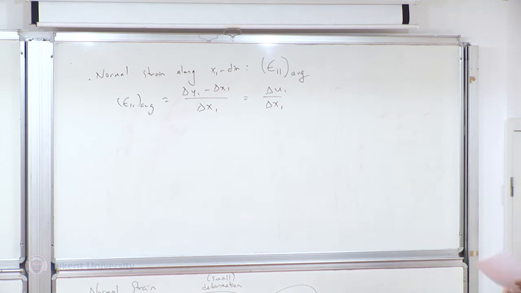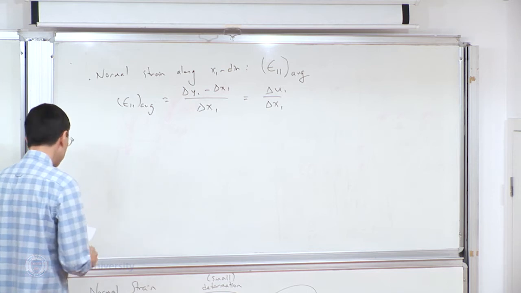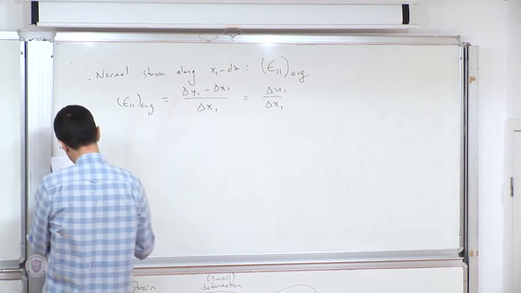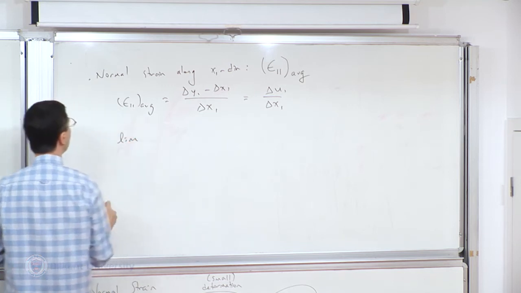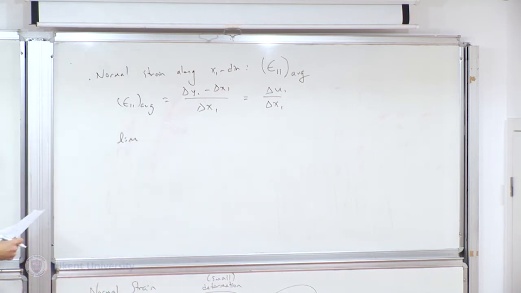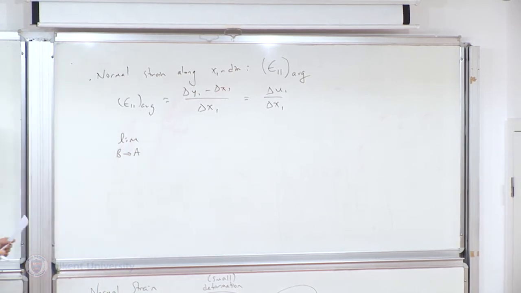Okay. So that is the average normal strain along the x1 direction. And now I can also define the pointwise value by taking the limit as b approaches a.